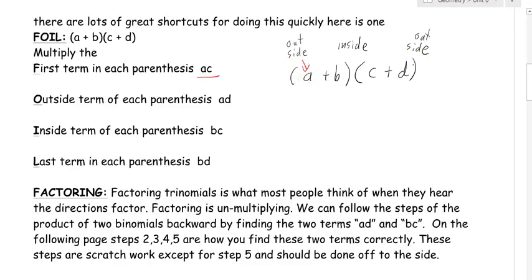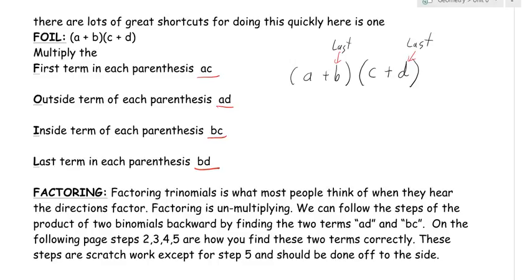So outside is a times d. Inside is b times c. And then the last term in each set of parentheses. The last terms are b and d, so multiplying those 2 together. When you add all that together, that's what we're talking about. ac plus ad plus bc plus bd.